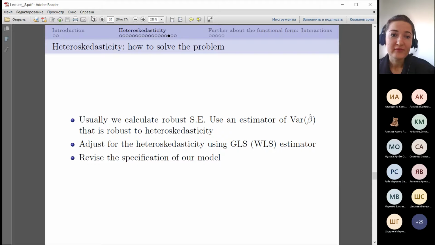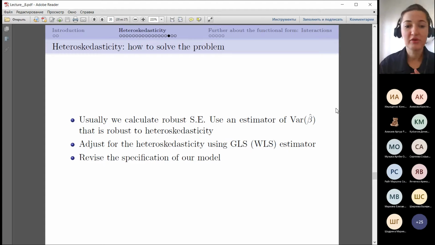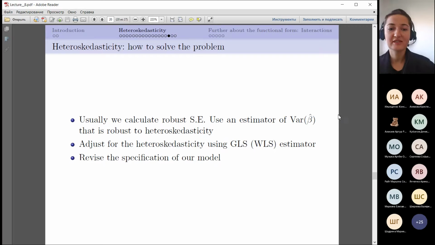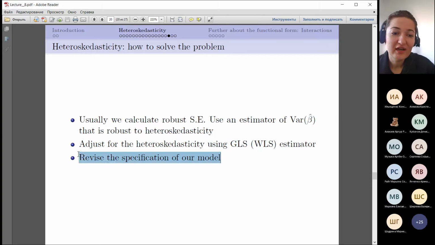So how can we solve the problem? Okay, we detected that we have the problem of heteroscedasticity, but now we need to solve this problem. And again, let's continue our discussion about the specification of our model. And of course, this point should be the first here, not the last one, if we take a look at these points as some order.